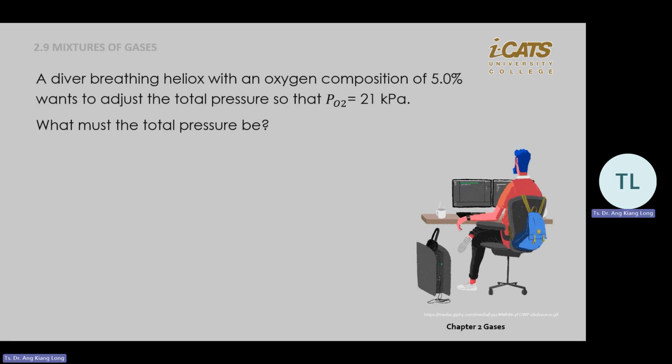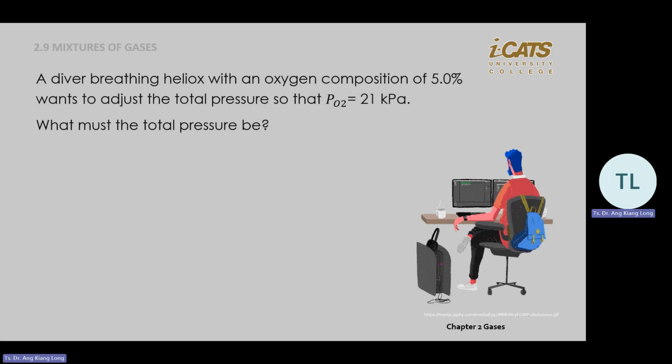So this one asks you to find the total pressure, reverse the calculation. It gives you the fraction, 5%. Want to adjust the total pressure so that P2 is 21 kilopascal. It gives you the percentage fraction.